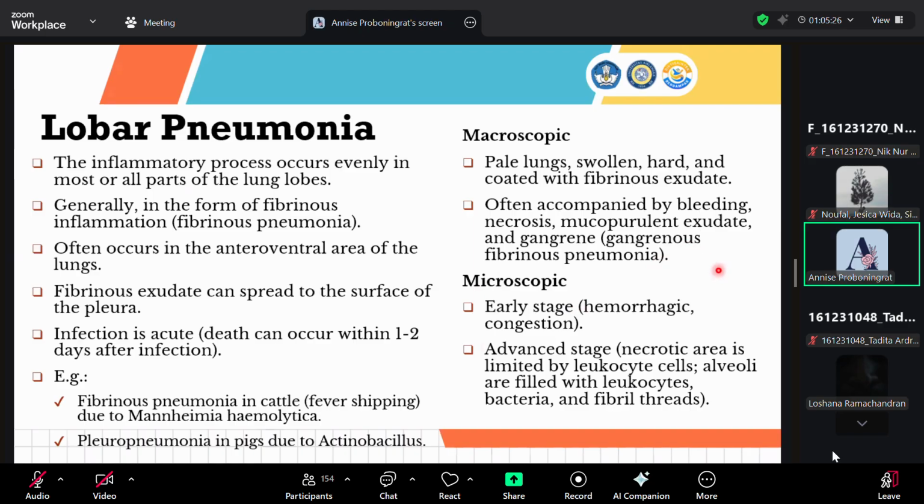And in the early stage of the inflammation, the histopathological lesion appears as hemorrhage in the parenchyma and congestion in the septa alveolaris, and in the advanced stage the necrotic area is limited by leukocytes, by neutrophils, and the neutrophils can fill or accumulate in the lumen of the alveoli, mixed with bacteria and fibrin.